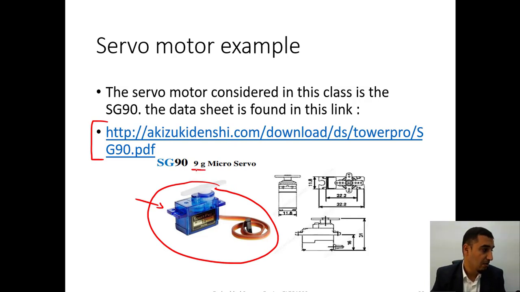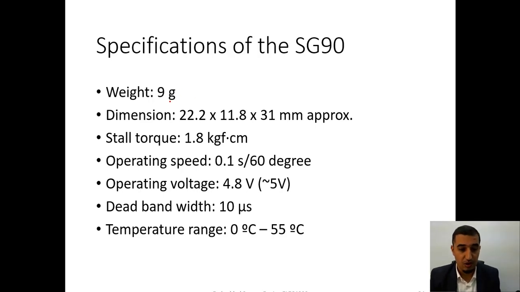Its weight is 9 grams, its torque is 1.8 kilogram force per centimeter, the operation speed is 1.1 seconds per 60 degrees, the operation voltage is around 5 volts, and the dead bandwidth is 10 microseconds.